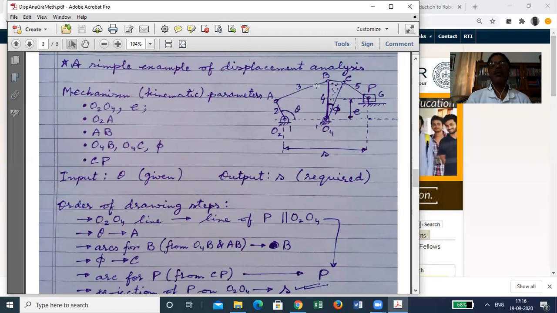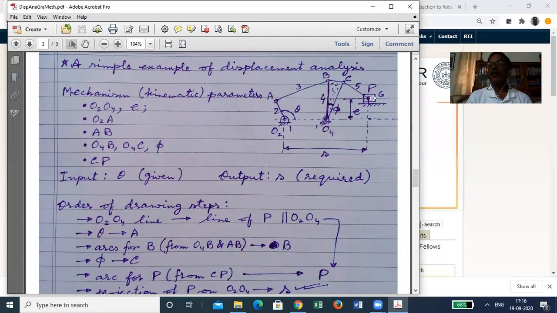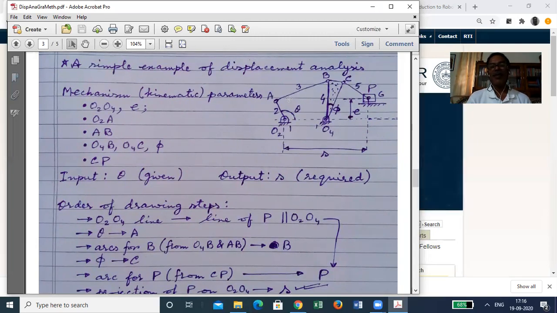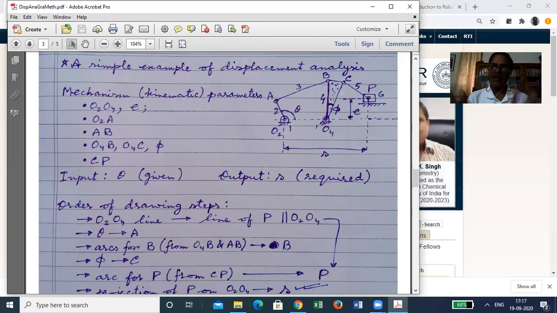A six-bar linkage, a six-link mechanism in which this part 1, 2, 3, 4 is a four-bar linkage, and then this loop 1, 4, 5, 6 is actually similar to a slider crank. The output of this will go to the input of that. So the two simple mechanisms I have put together, and this is also by definition a simple mechanism.